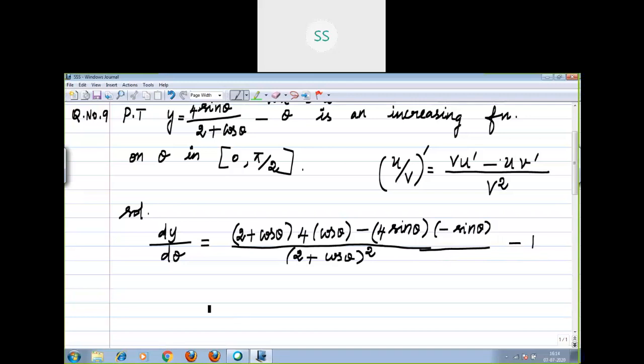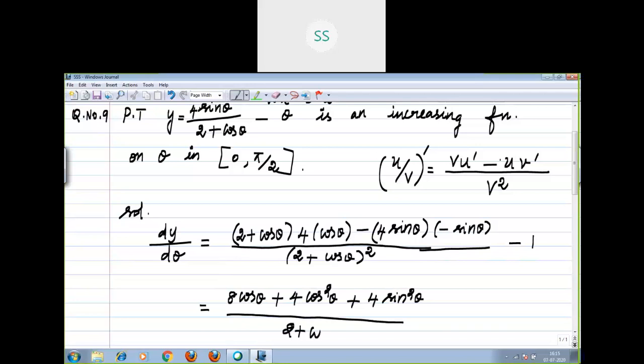Which is equal to 4 cos theta into 2, that is 8 cos theta, plus 4 cos square theta, minus into minus plus 4 sin square theta, divided by 2 plus cos theta the whole square, minus 1.